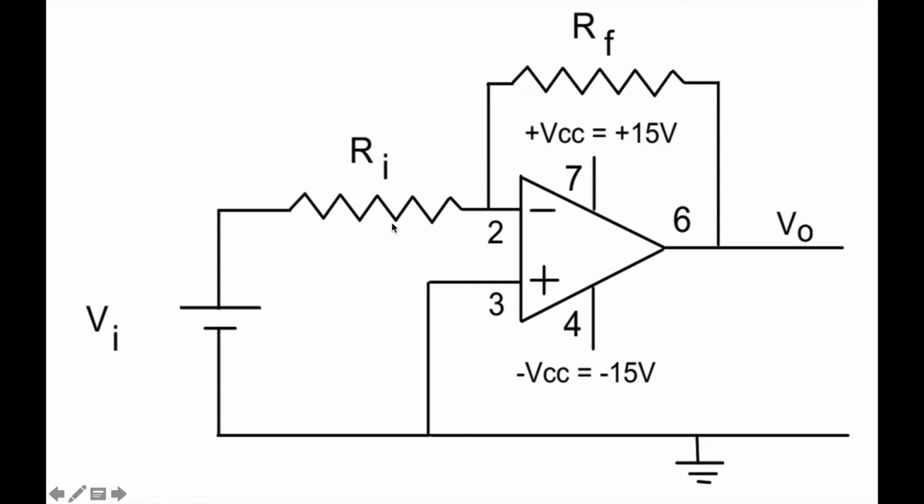Then we have resistance Ri, that is the input resistance, and Rf is our feedback resistance, which is connected between 2 and 6, and we will see the output at V0. Also we require a power supply, plus VCC and minus VCC.